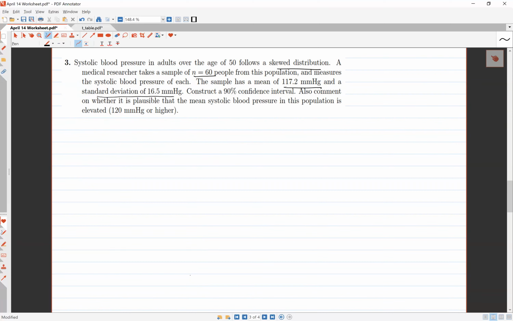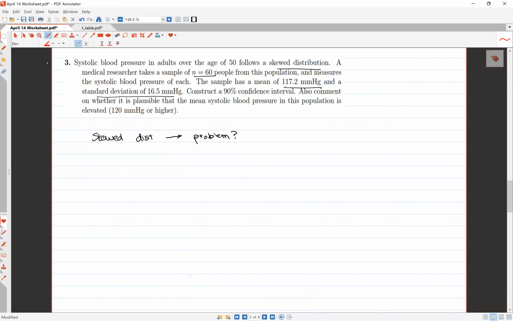So first thing you should notice is you get told that you have a skewed distribution. Is this a problem for us? And the answer is sometimes it can be. The formula for the confidence interval really relies on having a normal distribution or something that's approximately normal.